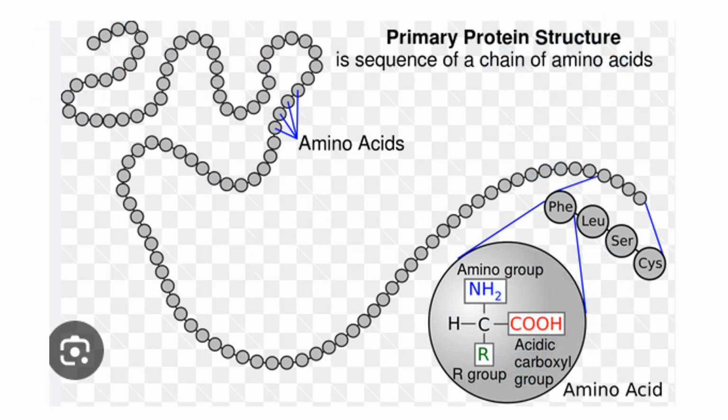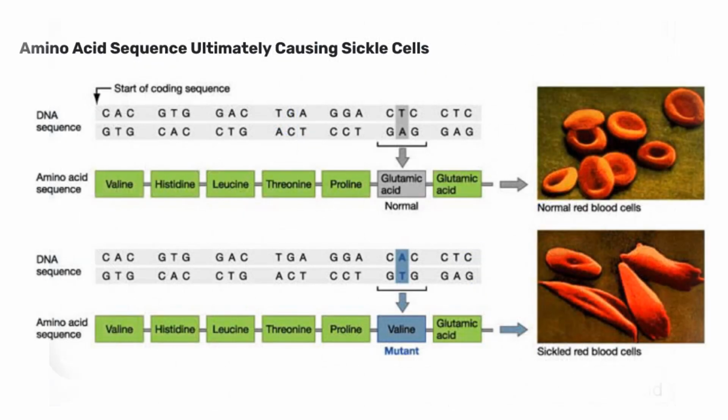The sequence of amino acids in the polypeptide chain is called the primary structure. The correct position of amino acids in the primary structure is important. Otherwise, it may result in a metabolic disorder like in the case of sickle cell anemia.